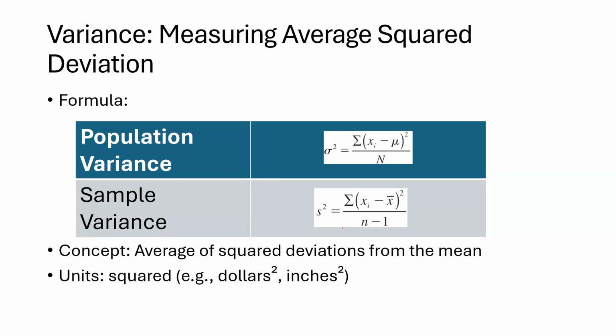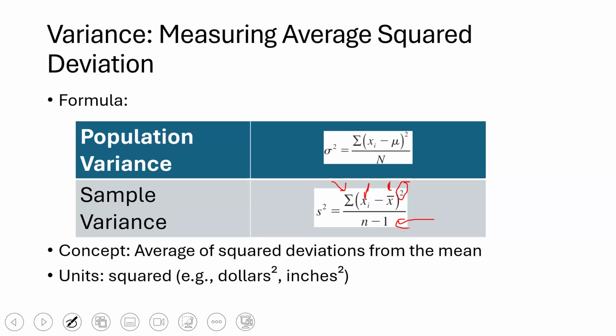So, the formulas. Sample variance, you're just taking your data point minus the mean, square it, and then do that for the next data point and the next and the next, and add them all up, right? That's what the sigma means, add them all up. Then divide by one less than the number in the sample.